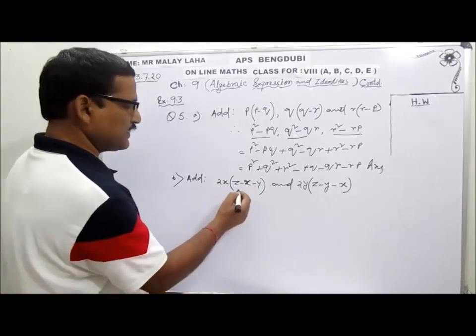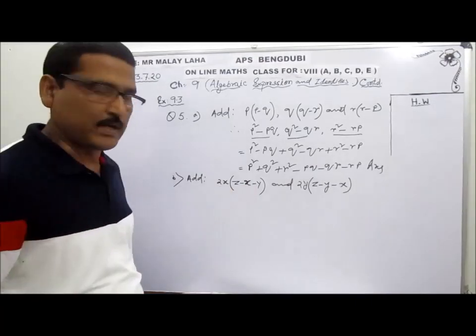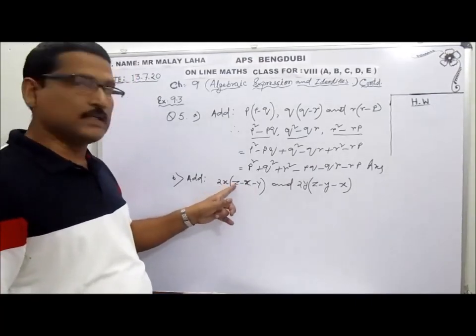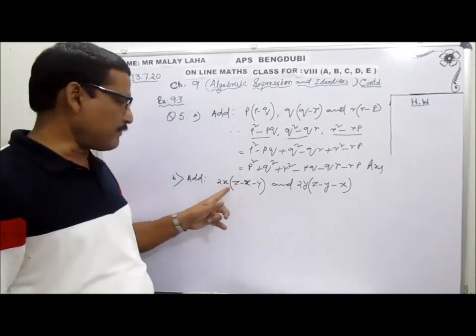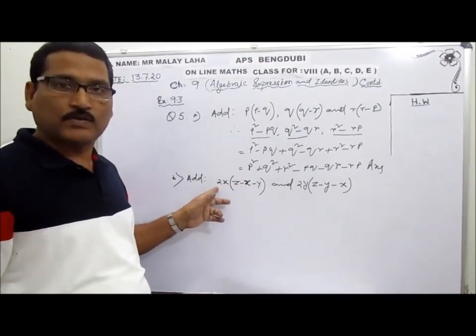So what to do, this is the trinomial, and before that one monomial. I have to multiply all the terms present in the bracket by the monomial outside the bracket.